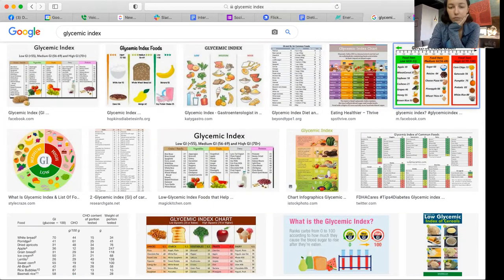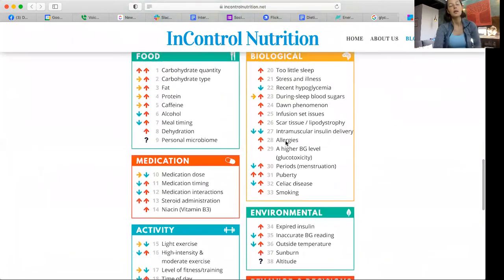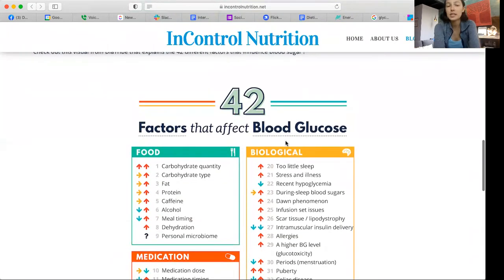Another thing I want to show you guys that I found was this crazy list of 42 factors that affect blood sugar. I did not know there were 42 different things. I knew a lot of these, but some of these were new to me as well. I just wanted to remind you that even when we're talking about food and blood sugar pairing, there is more to the picture.